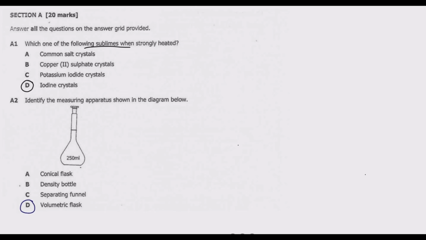Other apparatus that you might also need to know, just in case, because questions are varied: number 2 is a burette. A burette is a special apparatus used to measure the volume of liquid with a degree of accuracy of 0.1 cubic centimeter.